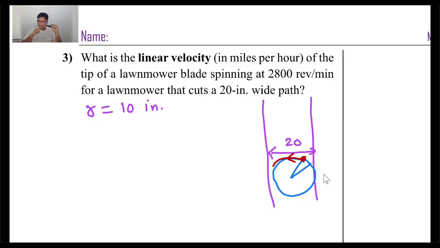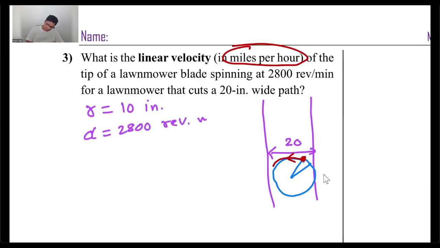2800 revolutions per minute. You need to convert it to miles per hour. Now we are familiar with this technique. Alpha given here is 2800 revolutions per minute.